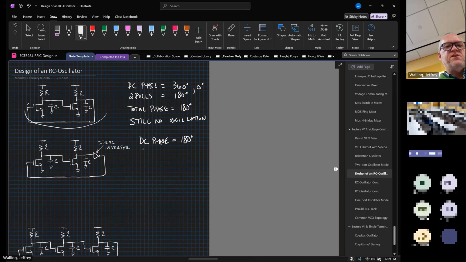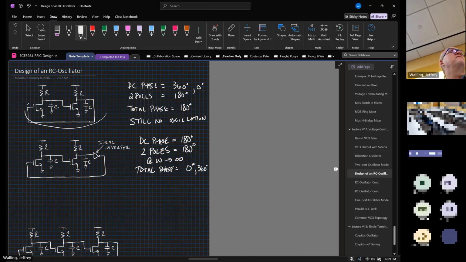We still have the 2 RC poles. We said that that was 180. Of course, this happens at what frequency? Omega going towards infinity. So we get a total phase at very, very high frequencies that's equal to 0 degrees or 360, whatever we want to call it.